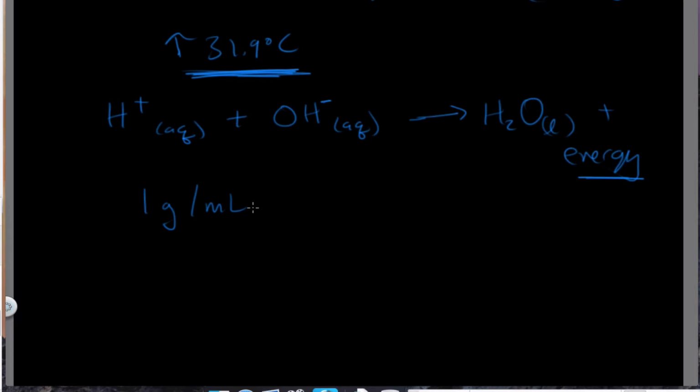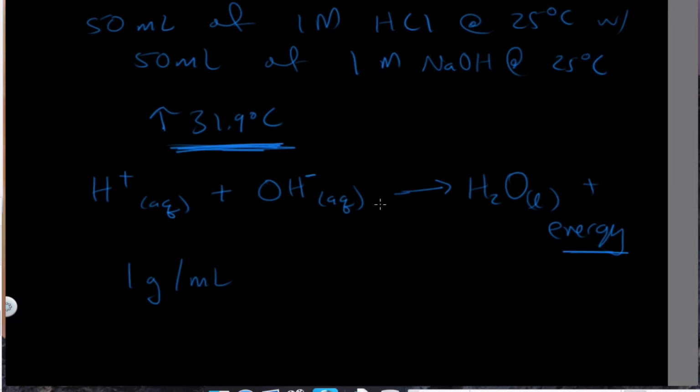Those are some assumptions we are making. So we know that the specific heat capacity of water, H2O, is 4.18 joules per degree Celsius per gram.